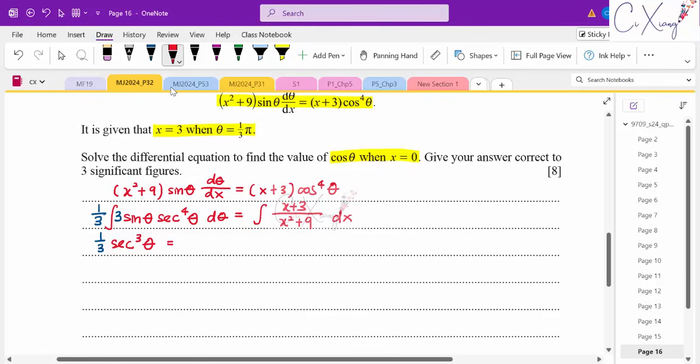Okay, so for the right hand side here, I want to separate it to become 2 fractions, where it is x divided by x squared plus 9, and also 3 over x squared plus 9. Then only I try to observe what's the pattern that I have here for these two terms.